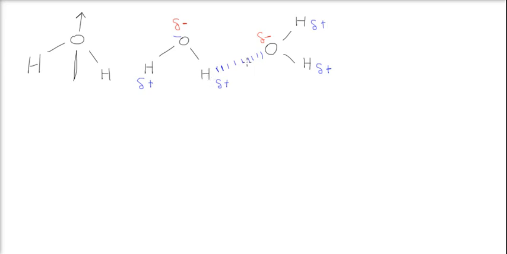And so this leads to physical properties, like melting points and boiling points, for something like water that are very unique. So for water, we know that the boiling point is 100 degrees Celsius.